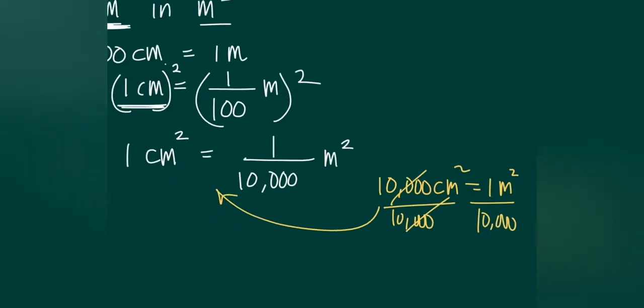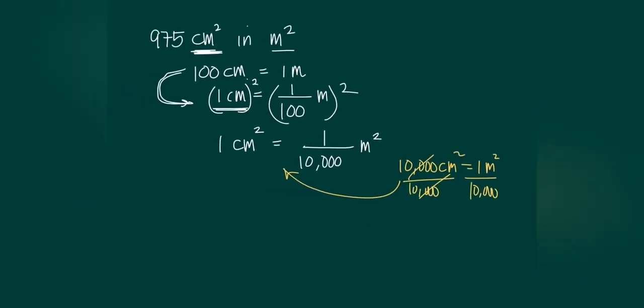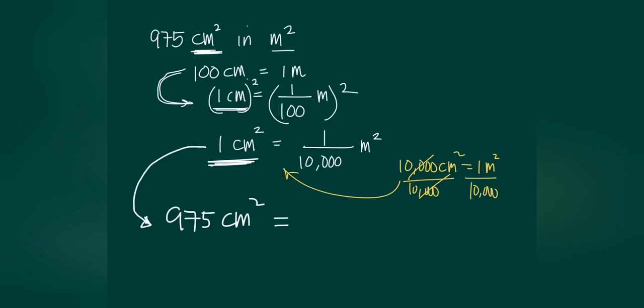So how are we going to proceed? Our goal is to convert 975 cm squared. If we know that 1 cm squared is 1 over 10,000 m squared, 975 is just 975 times 1. So that means 975 cm squared is 1 over 10,000 m squared times 975.